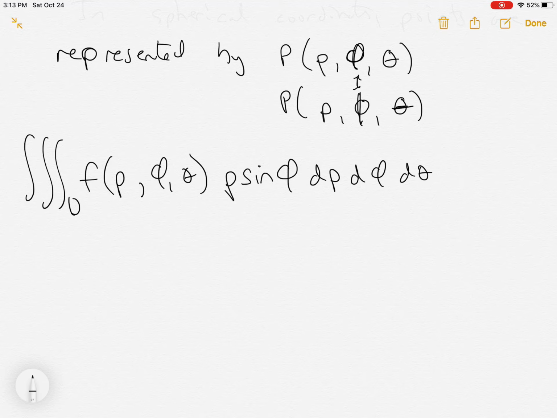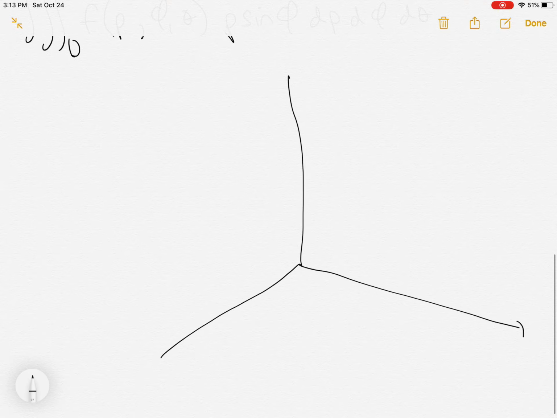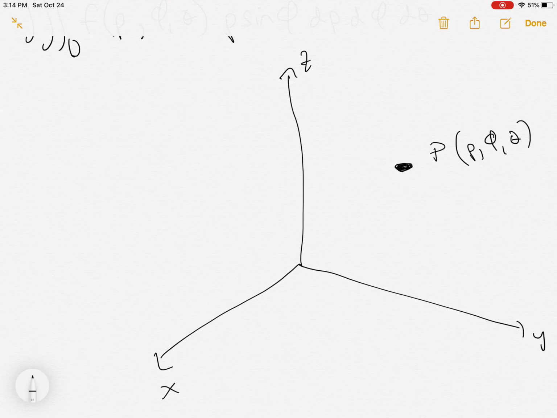Okay, so let's look at what's going on here. Same as the last pictures, there's a point out here called P, and it has coordinates rho, phi, and theta.